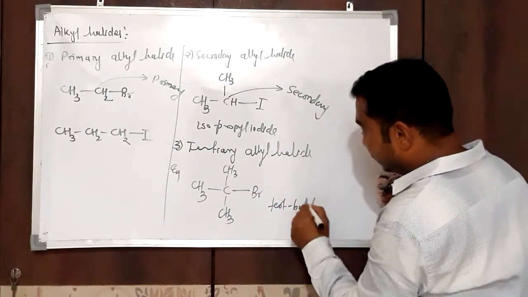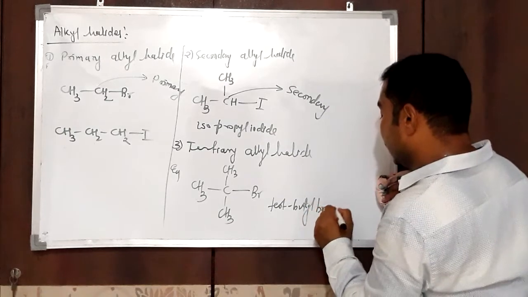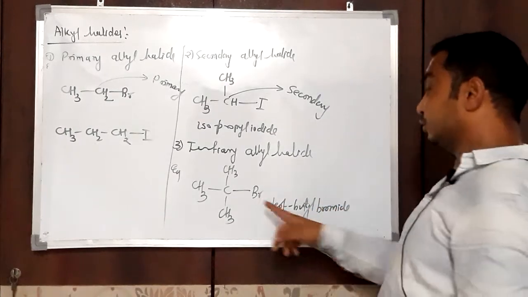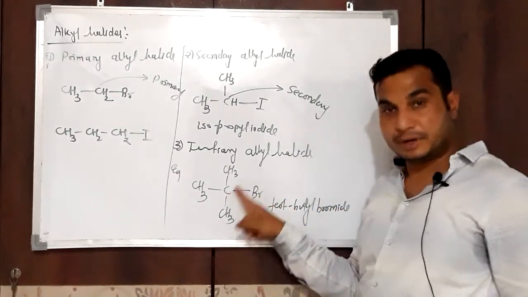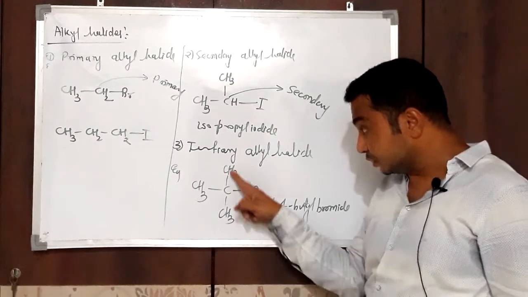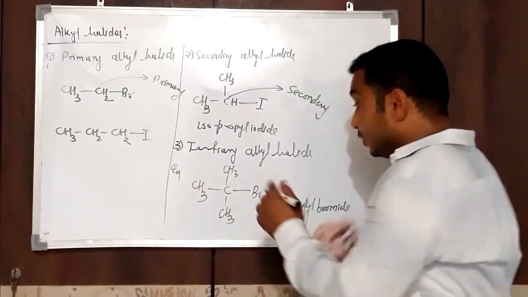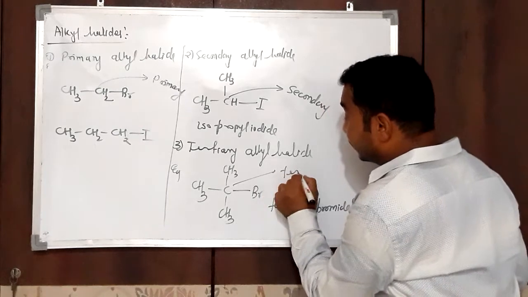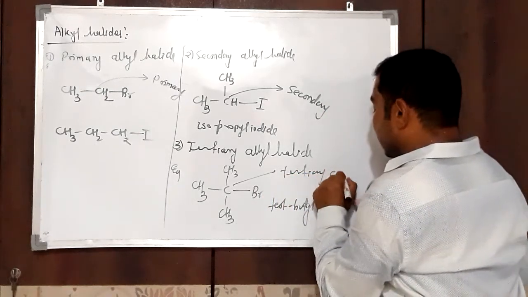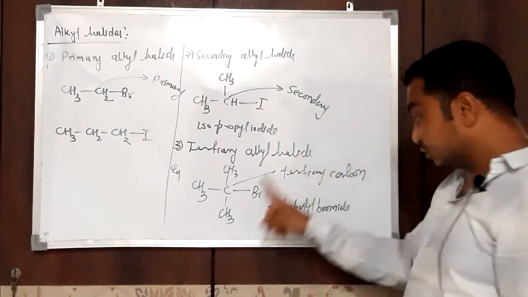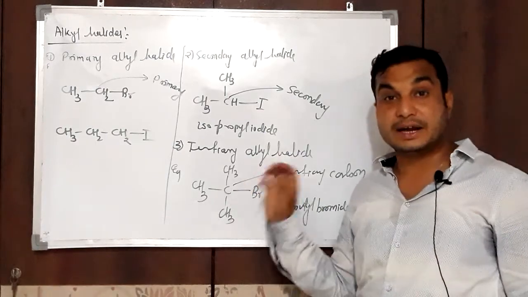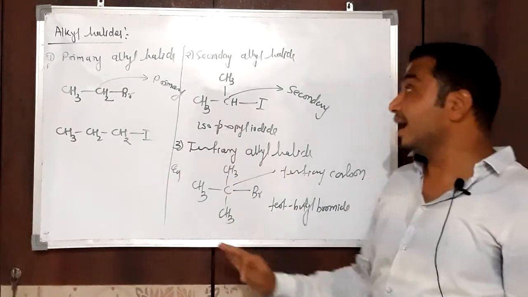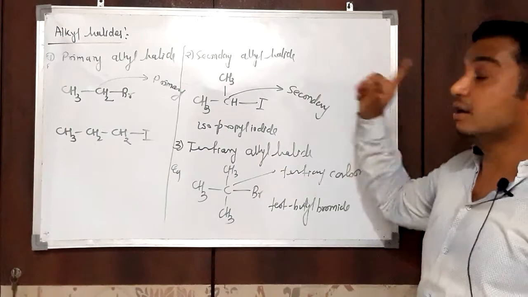Observe the structure. In this compound, the bromine atom is attached to this carbon, and this carbon is attached to three different carbon atoms directly, which means it is a tertiary carbon. When the halogen atom is attached to a tertiary carbon atom, such alkyl halides are called tertiary alkyl halides.